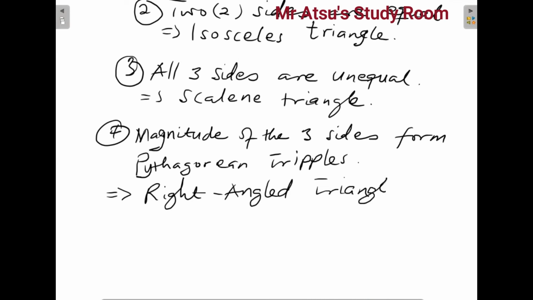When you square the longest side, it will be equal to the sum of squares. That means you square each of the other two sides and add them, and it's equal to the square of the longest side. Then we conclude that that triangle is a right angle triangle.